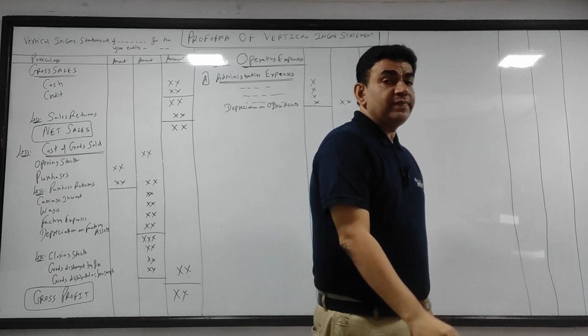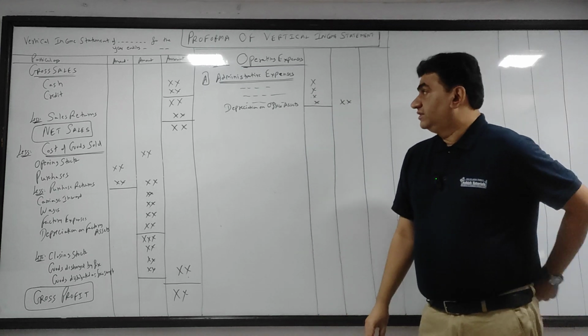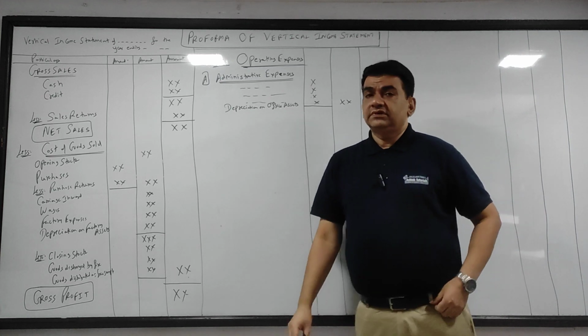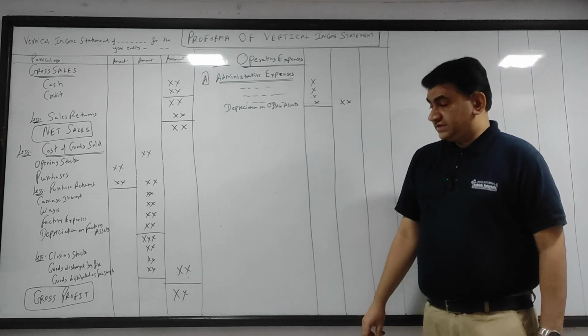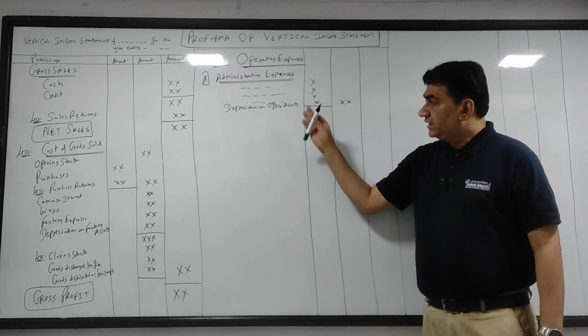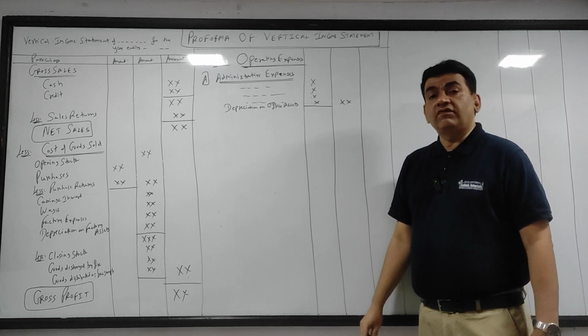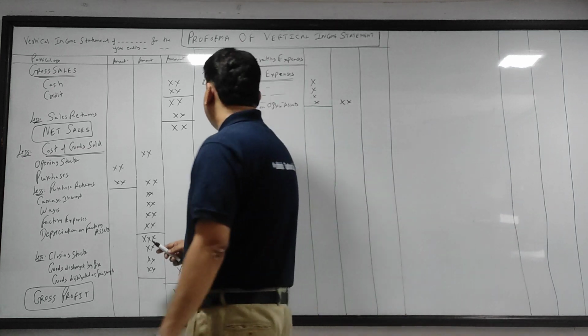So operating expenses, divide it in three categories. First, A, administrative expenses. It is the expenses incurred in office. Put it one below the other in the first column and then depreciation on office assets. Here, coming to the second one.